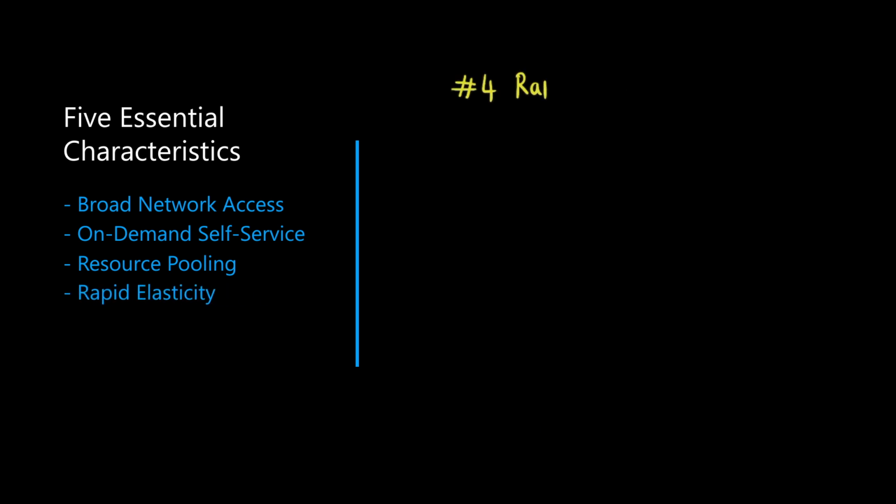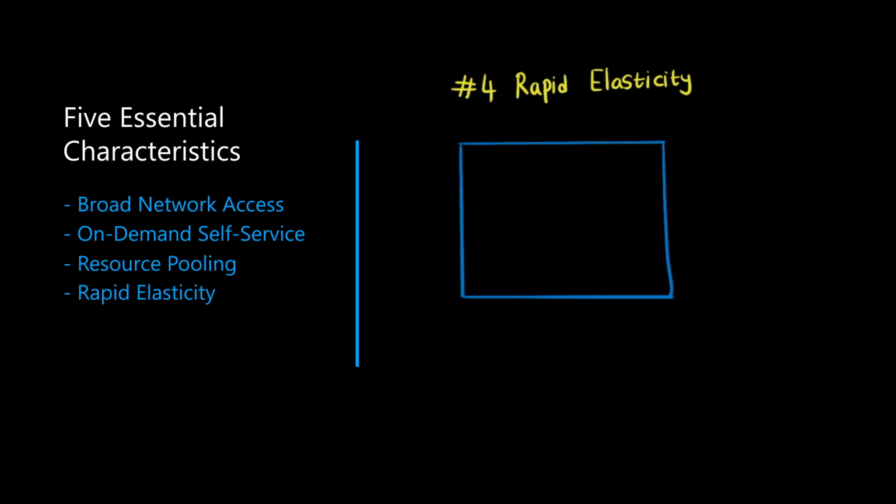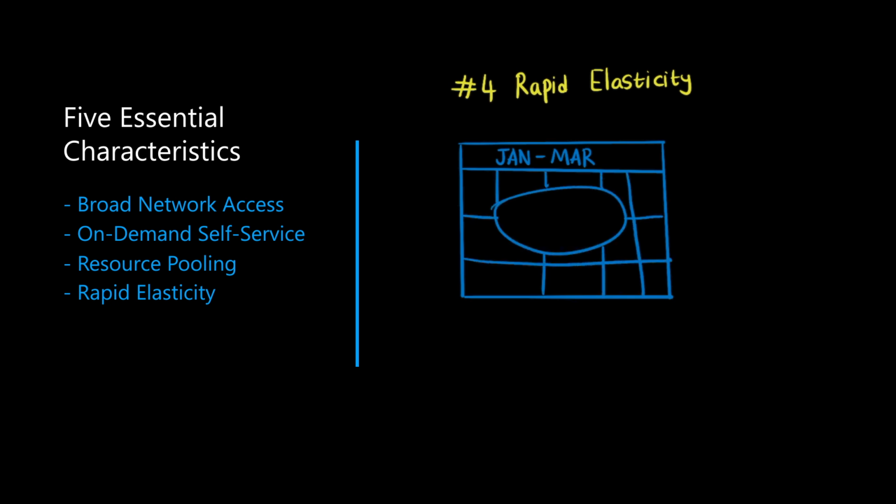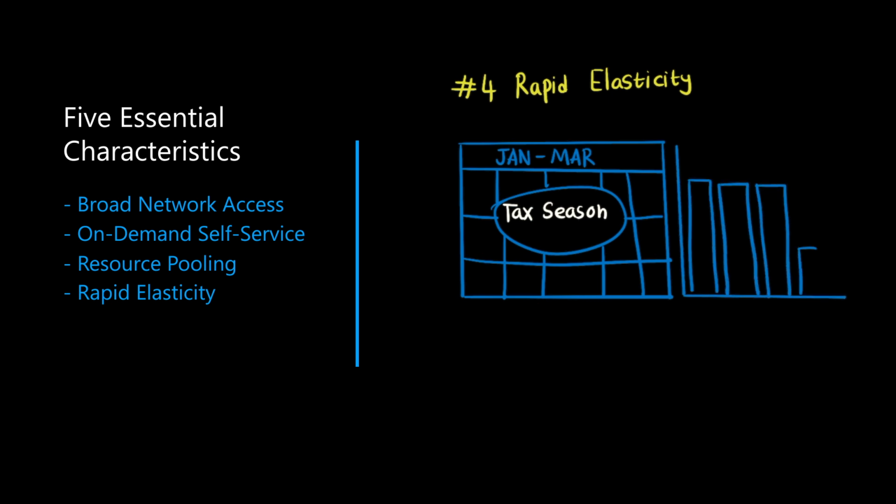Rapid elasticity, our fourth characteristic, takes the concept of scalability to an entirely new level. Let me paint you a picture with a real-world example. Consider a tax preparation company that experiences 80% of its annual traffic during the 3 months of tax season. In a traditional model, they'd need to maintain infrastructure capable of handling peak tax season load all year round, essentially wasting resources for 9 months.